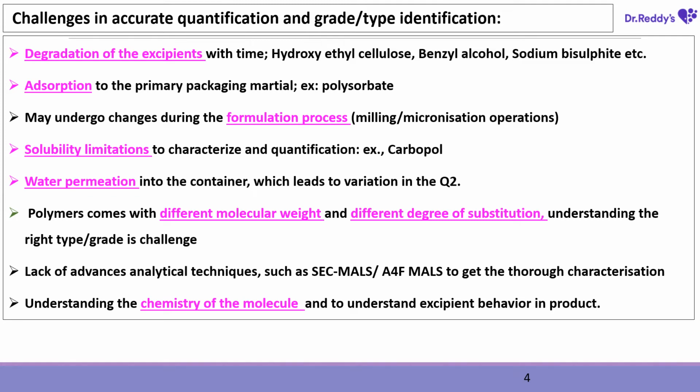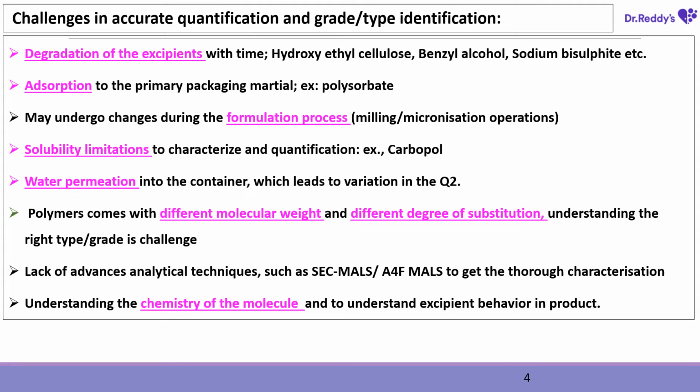And another important and very challenging activity: polymers come with different molecular weights and different degrees of substitution, and understanding the right type and right grade is really a challenge with a suitable analytical technique.